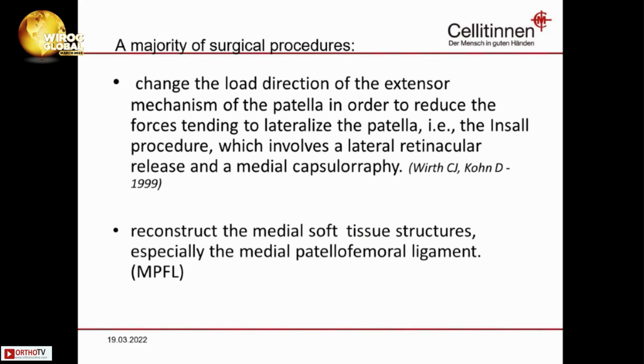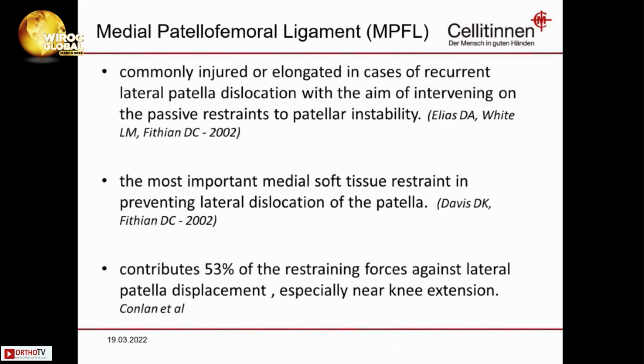On the other side, we have the reconstruction of the medial soft tissue structures, the MPFL. The MPFL, as we all know, is the commonly injured ligament, and it's elongated in most cases after patella dislocation or after recurrent lateral patella dislocation. It's a really important tissue for the stability of the patella.